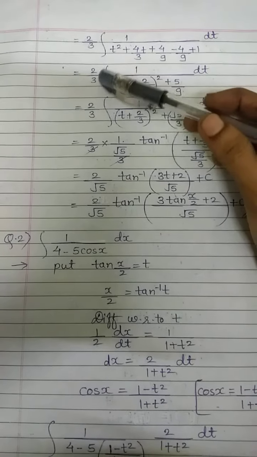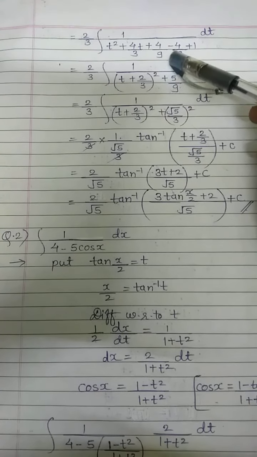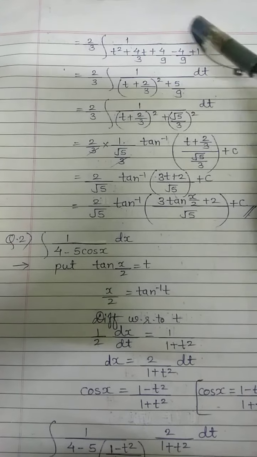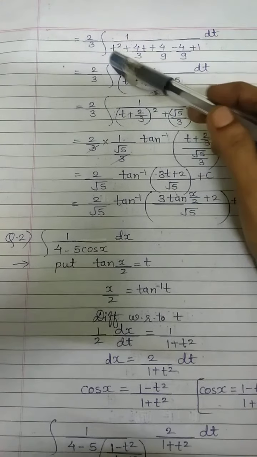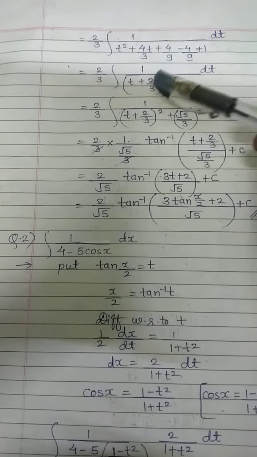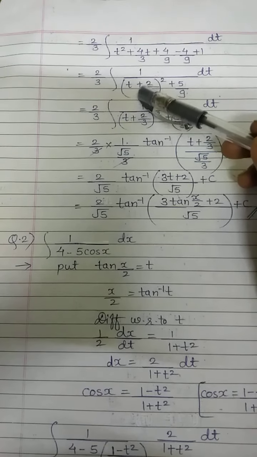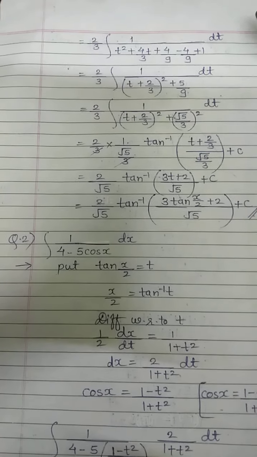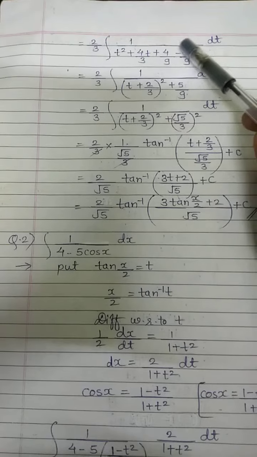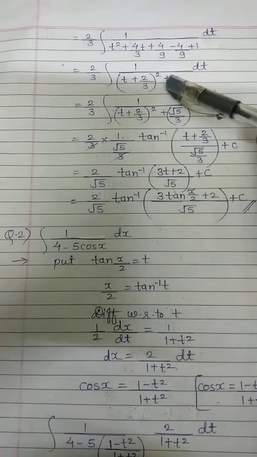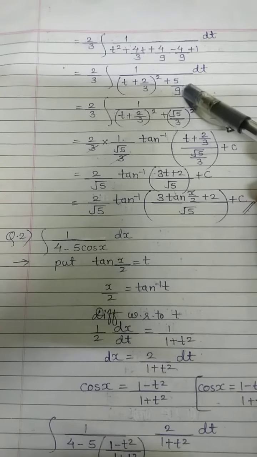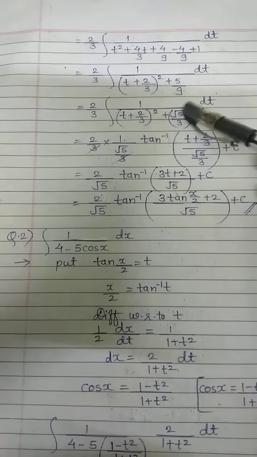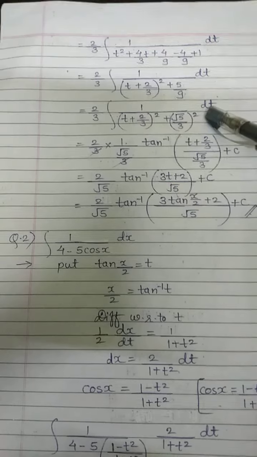So 2 by 3 as it is outside, and as we add and subtract 4 by 9, if we consider the first 3 terms, then this is nothing but the expansion of t plus 2 by 3 the whole square. And by simplifying these last 2 terms, we will get plus 5 by 9. So this plus 5 by 9 we can write as root 5 upon 3 the whole square.